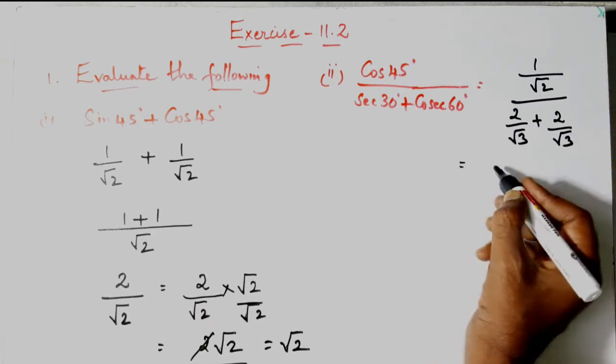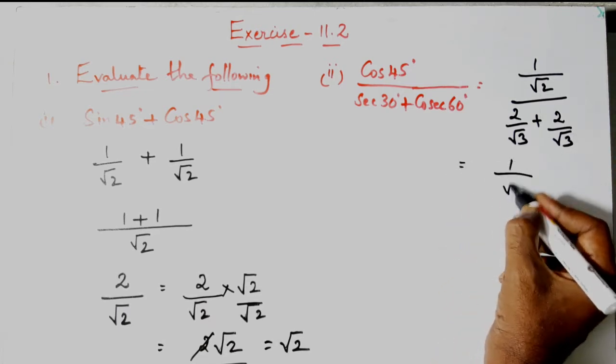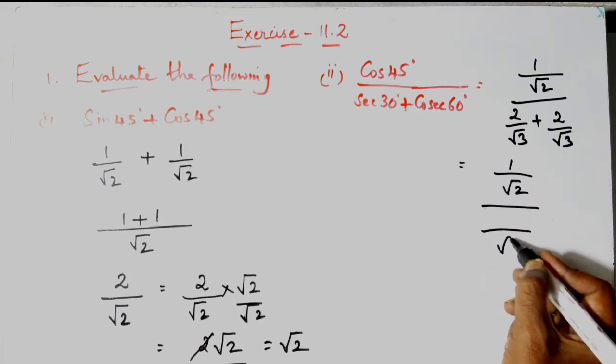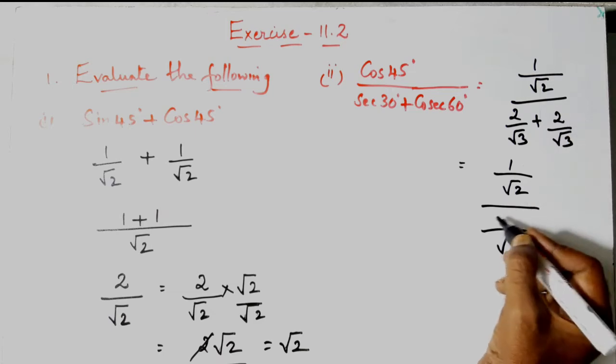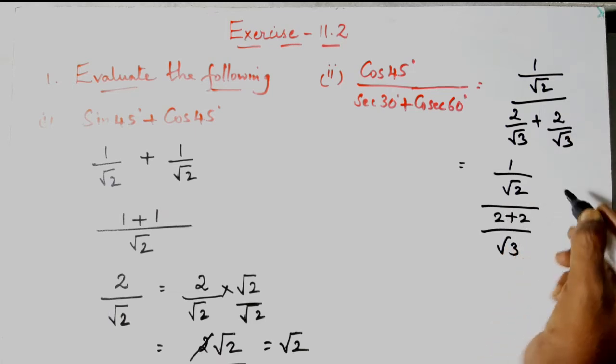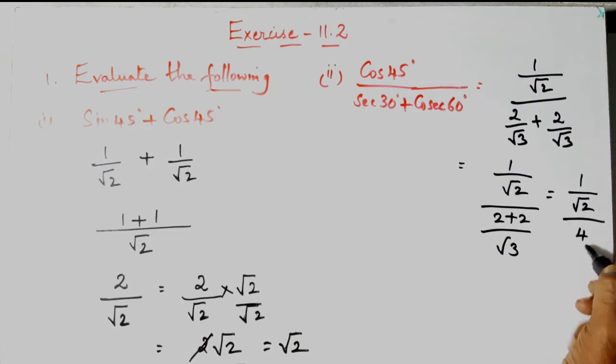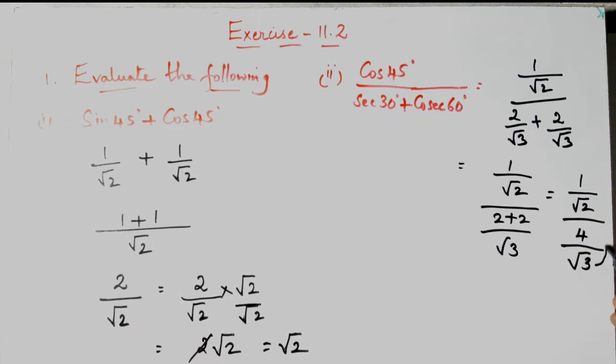So simplify this one. 1 by root 2, and the denominator LCM is root 3. So 2 plus 2 here. So what happens? 1 by root 2 divided by 2 plus 2, that is 4 by root 3. So the denominator will go to the numerator, and the numerator will go to the denominator.